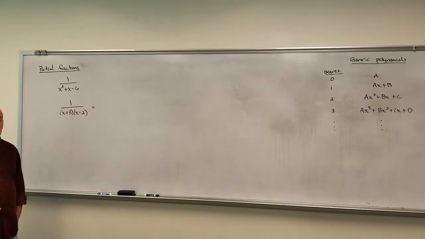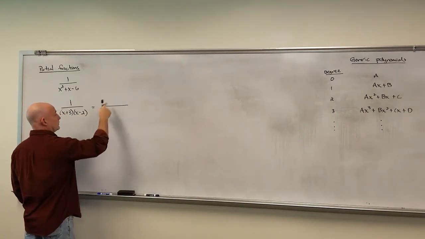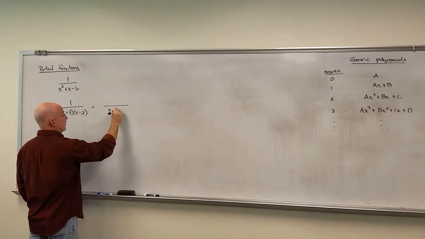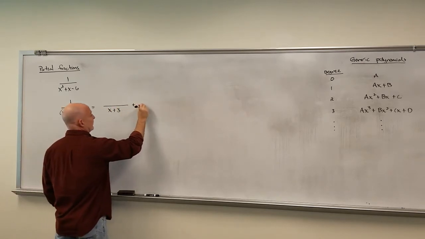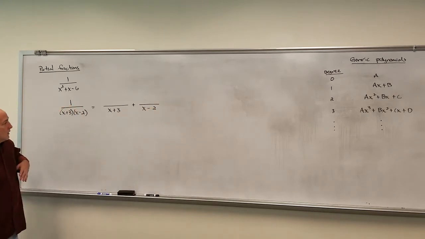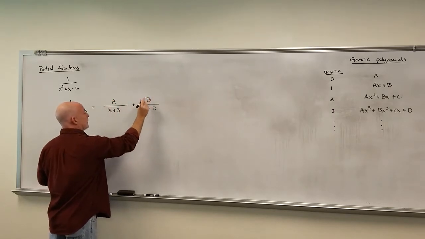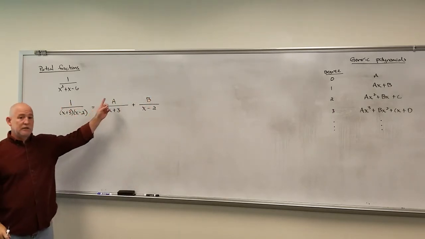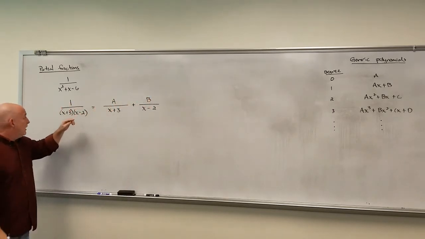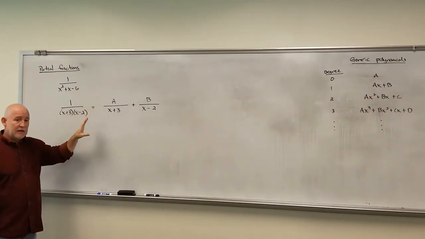Which means it's reasonable to assume, exactly like our 5/6 a second ago, that this would be something over x plus 3 plus something else over x minus 2. Now, before I just put an a and a b up here, but by doing that, that's assuming that those things are numbers. However, we have variables involved now, so how do I know that there's not x's there?